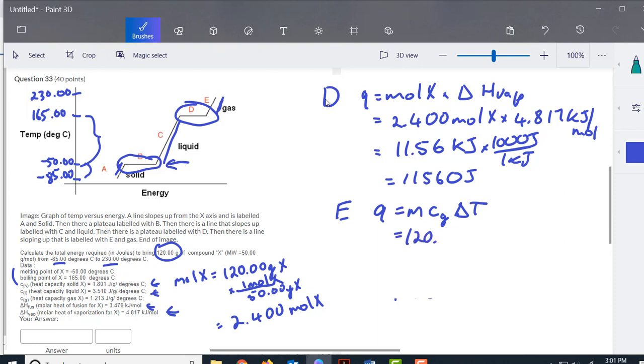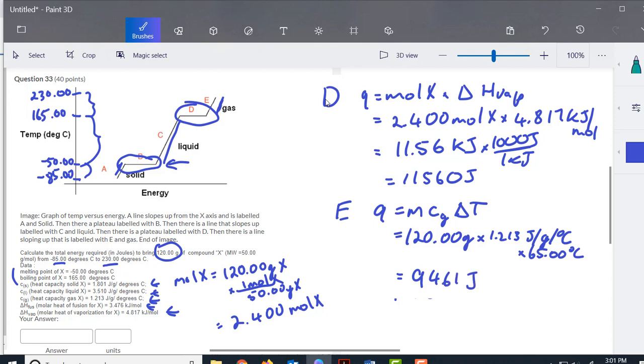That's going to be 120.00 grams, times the C of the gas, which here is given as 1.213 joules per gram per degree Celsius, and that's multiplied by the temperature change, which is going to be the difference between 230 and 165, which comes out to be 65.00 degrees Celsius. So this comes out to be 9461 joules.